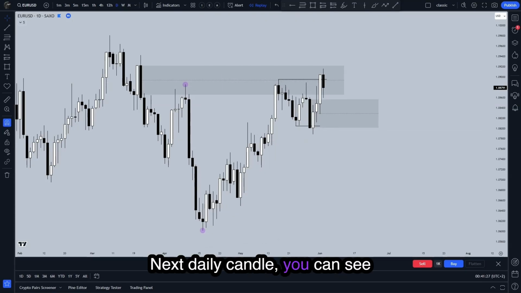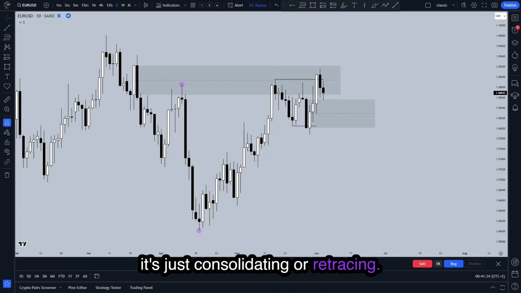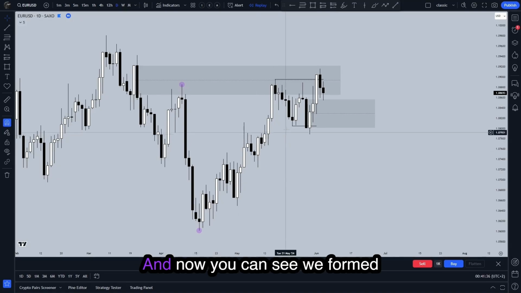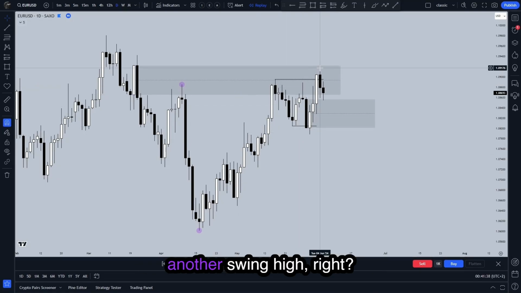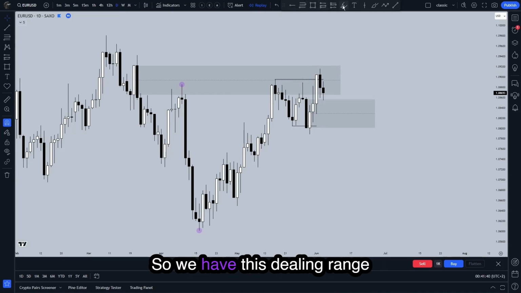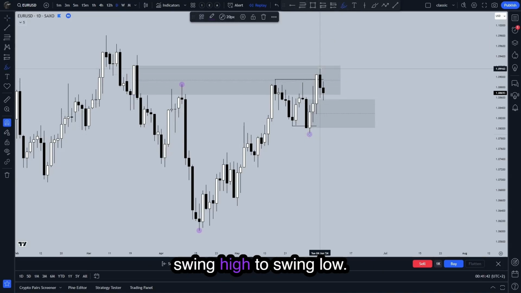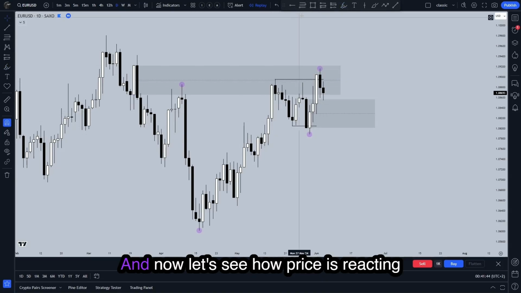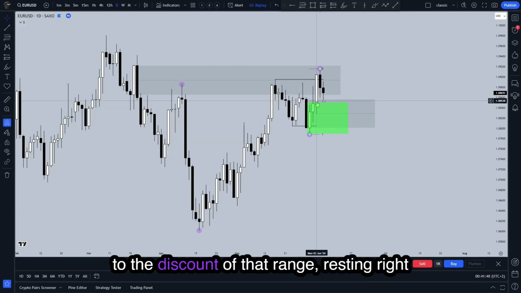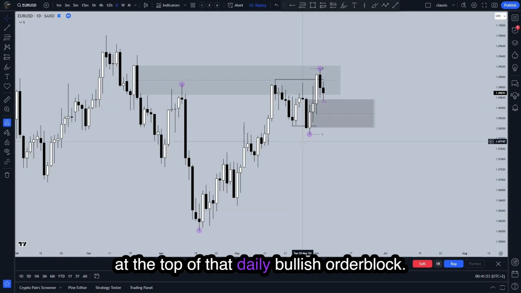The next daily candle, you can see, is just consolidating or retracing. And now you can see we formed another swing high, right? So we have this dealing range, swing high to swing low. Now let's see how price is reacting to the discount of that range, resting right at the top of that daily bullish order block.